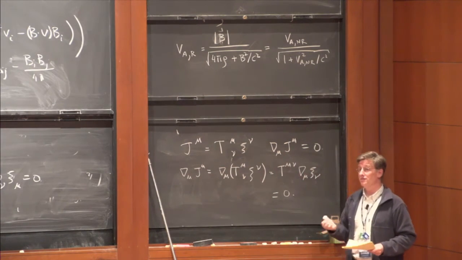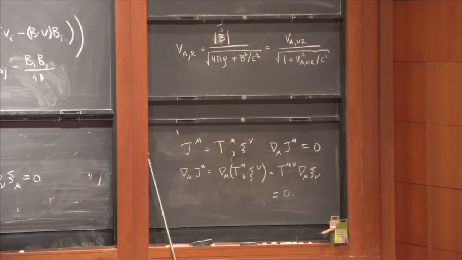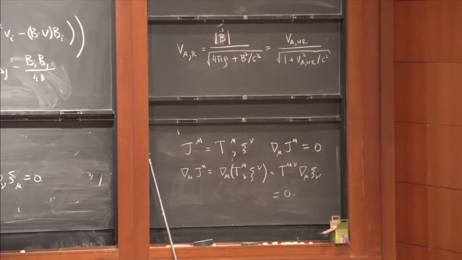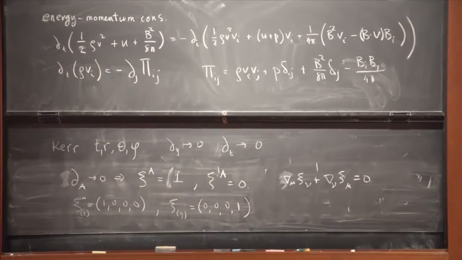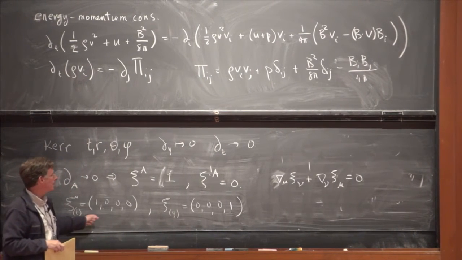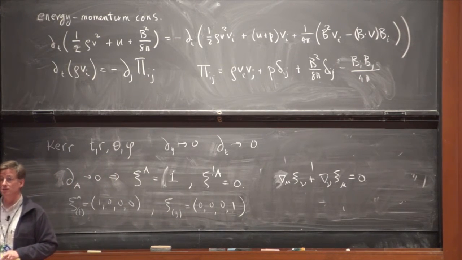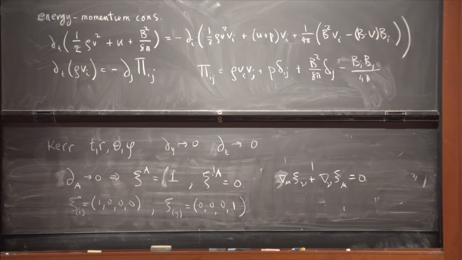Okay, so what are the implications of that for our integration of the MHD equations? The implications of this are that the source terms on the right-hand side of the equation, the connection dotted with the stress energy tensor, vanish for the time and phi component of the equations of motion, so the energy and the angular momentum components, in the Kerr metric.